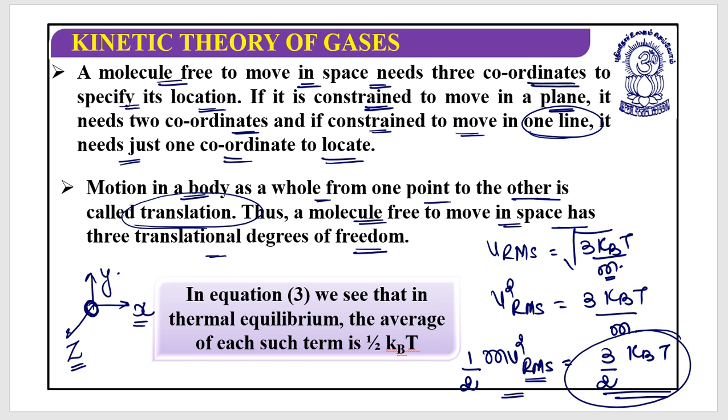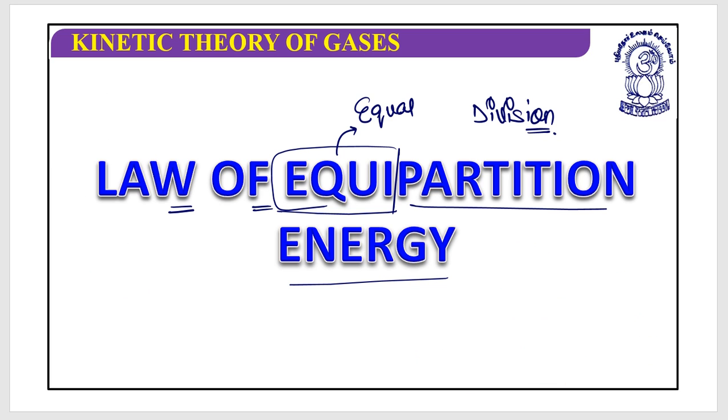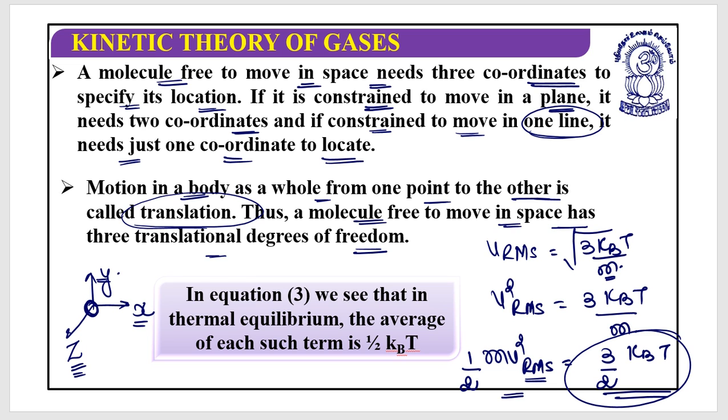That can be distributed in these 3. But in which direction, what to distribute? Whether I need to distribute more content in x, or more content in y or z. So the law of equipartition, as I said, is an equal division. Why would the division be equal?